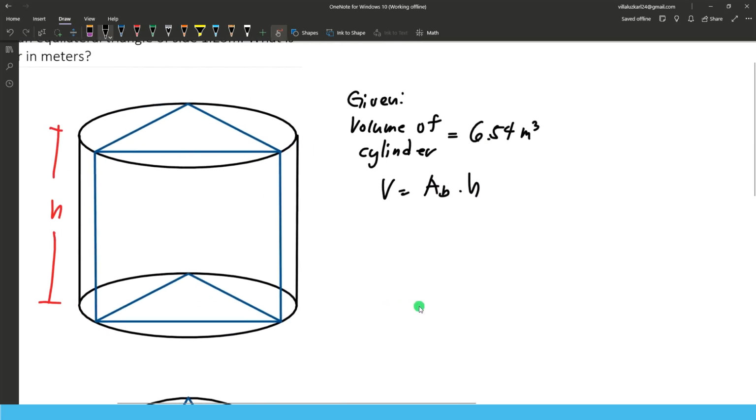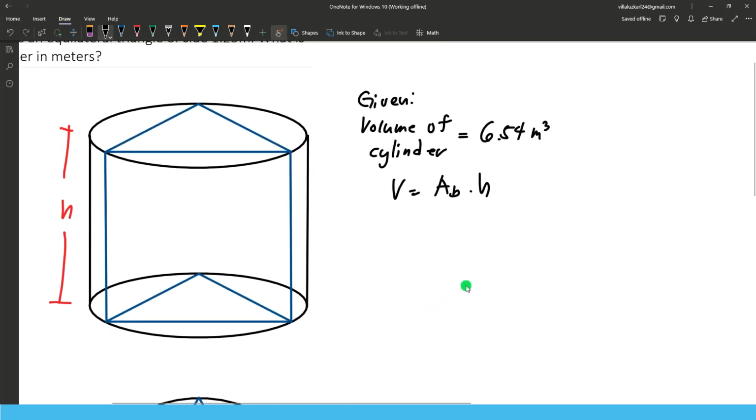We also need r, the radius of the circle, for the area of the base. So 6.54 equals pi r squared times h.